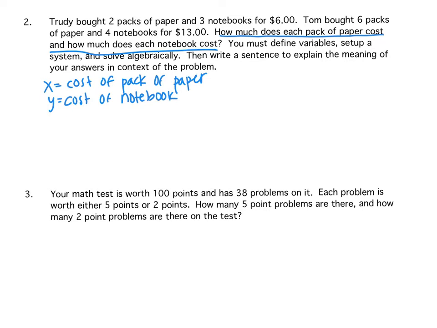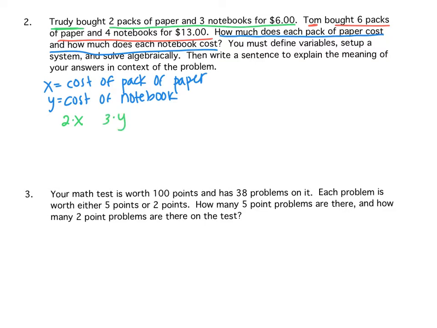We're given 2 pieces of information, Trudy and what she bought, and then we have Tom and what he bought. So we're going to have one equation for Trudy and one equation for Tom. Trudy bought 2 packs of paper. So each pack of paper cost x dollars. Each notebook costs y.